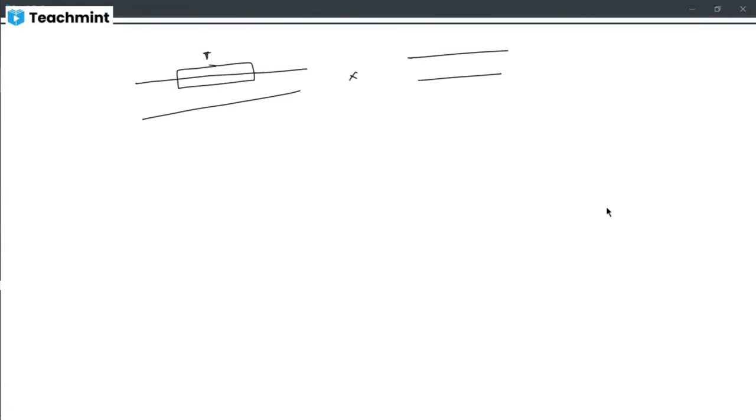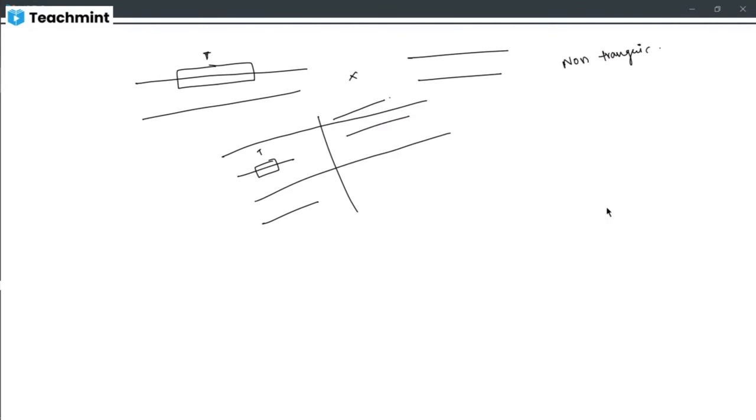Whenever you cross it with the non-transgenic plant, what will be the two different types of gametes obtained from here? One will be the construct with the transgene, the other will be the normal one. From this, there is only one type of gamete, that is your normal one. So in the progeny, you can have this type of progeny and next is this type of progeny. Is it okay now?